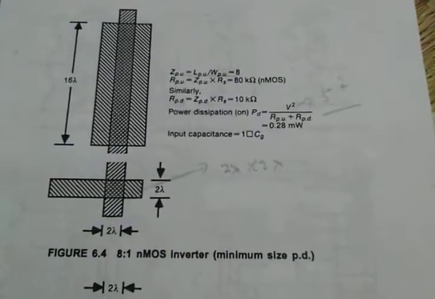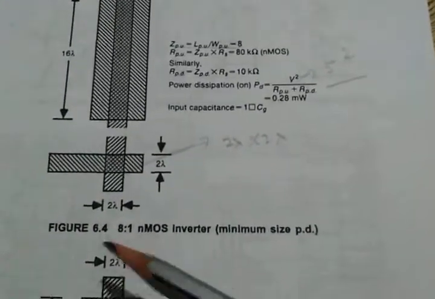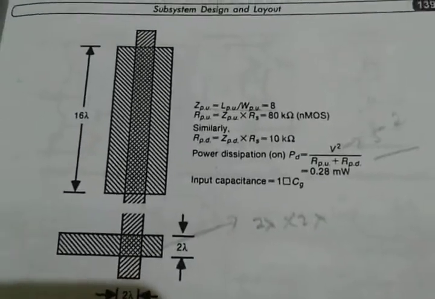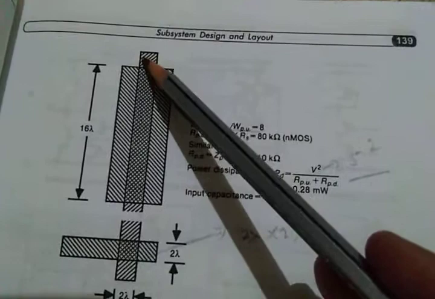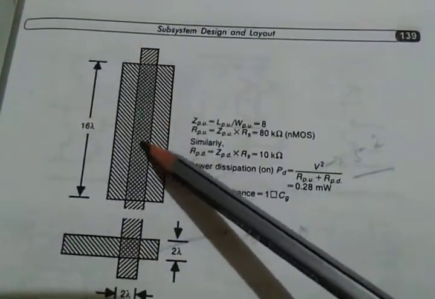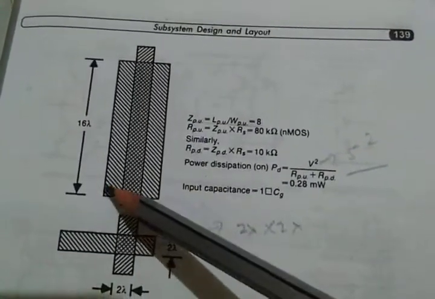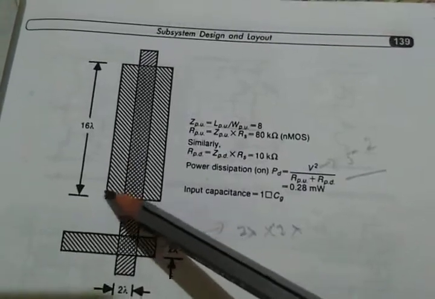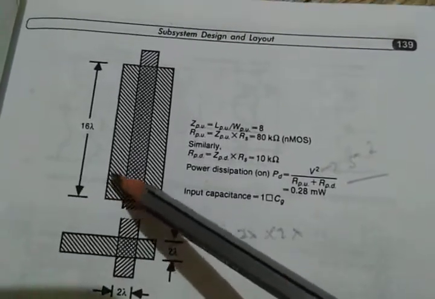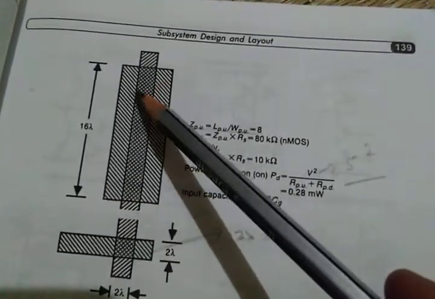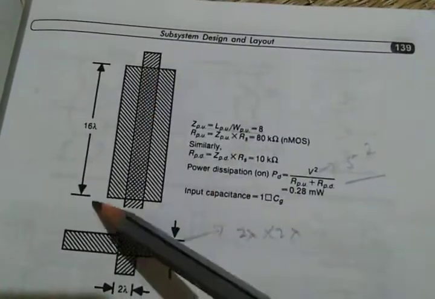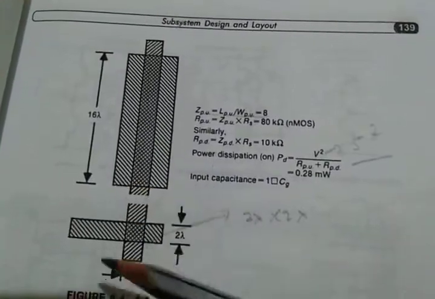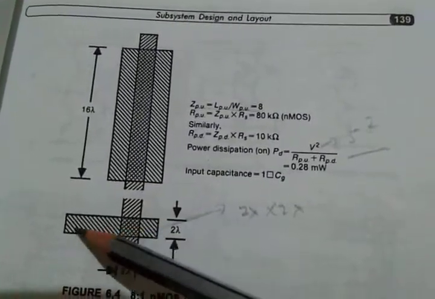So in the nMOS I am considering now 8:1. Here, if it is nMOS, this is the polysilicon, and this is the N diffusion and polysilicon I am using here, and this is also N diffusion and polysilicon.